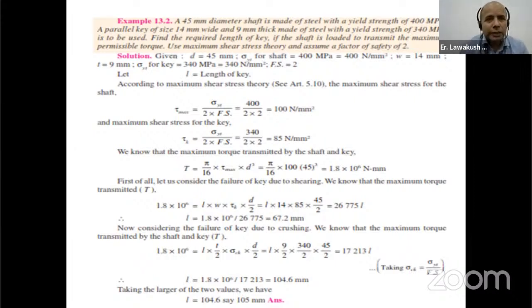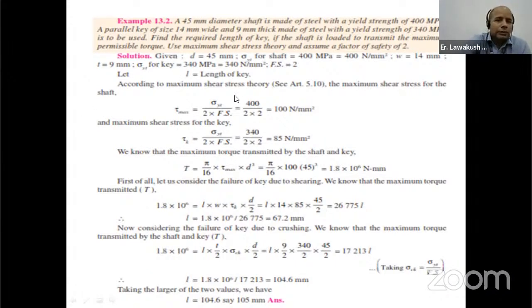Now on the basis of the given data, we will think which particular formula will be used here. For obtaining any particular dimension, we can use different formulas, but on the basis of the given data, we will consider a particular formula, and on the basis of that formula we will find the required values. Let l be the length of the key, which is not given, so we will assume it.